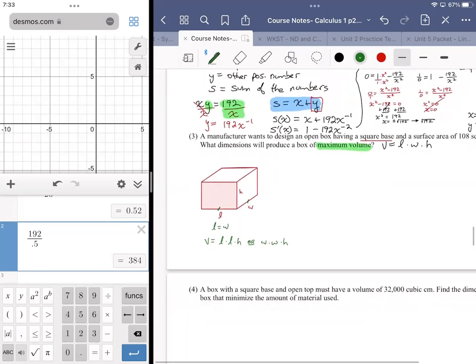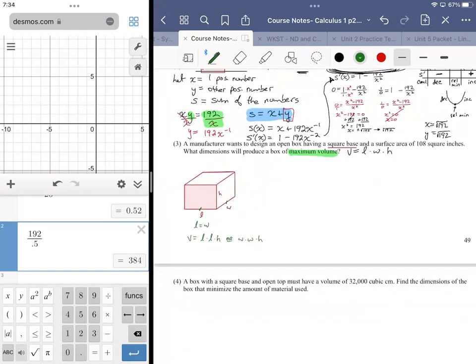They did say that there's a surface area of 108 square inches. Now, this one is an open box, so it doesn't have a top to it. So the surface area, when we're talking about a three-dimensional figure, we'd have to incorporate every facet into this area.